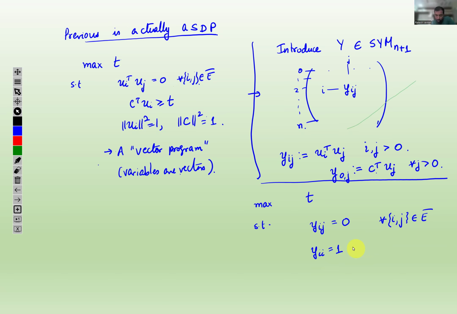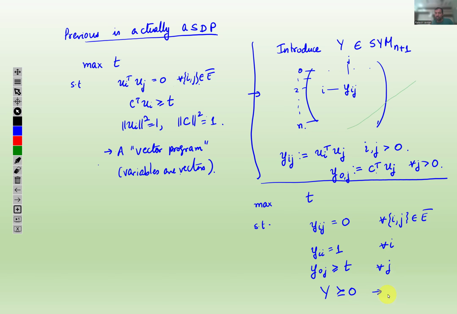Yii equal to 1 for all i, y0j greater than or equal to t, subject to, and I claim this constraint comes, and I will describe it here, y greater than or equal to 0, meaning positive semi-definite. And of course, here I put for all i, this includes i equal to 0, which ensures that norm c squared equal to 1.